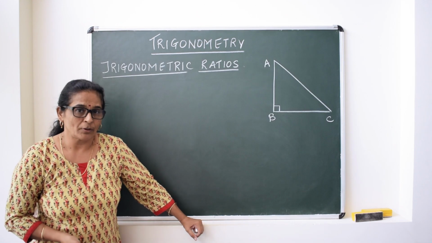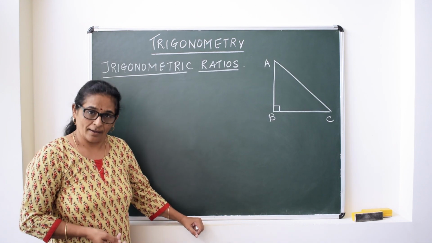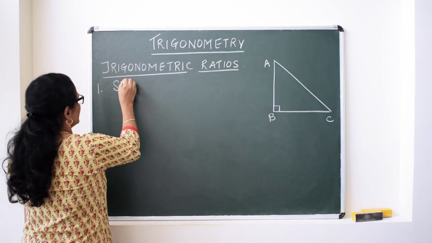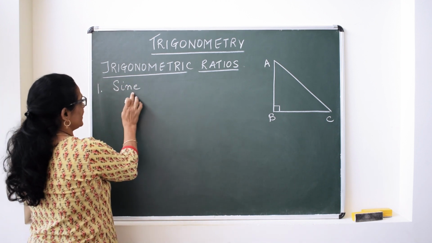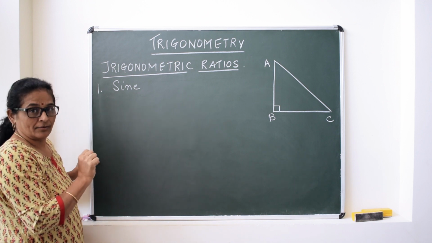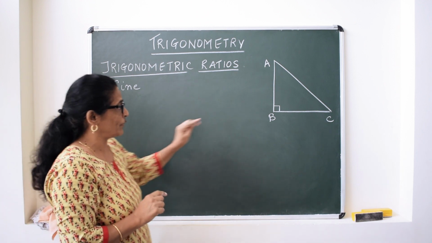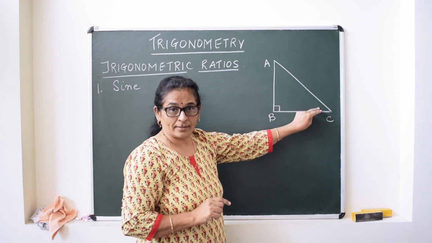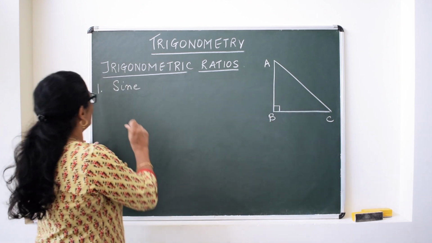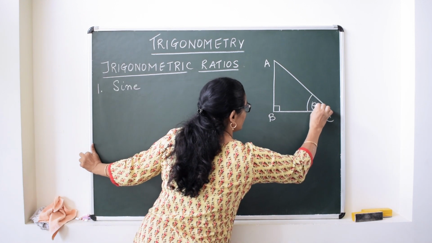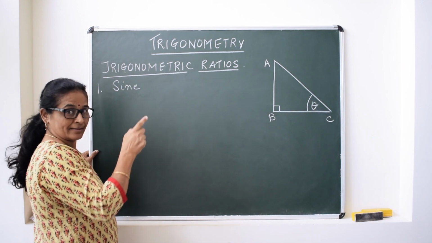Now we will discuss the trigonometric ratios of angles. The first ratio is sine. Now, sine of a particular angle. We are discussing the trigonometric ratios of angles, and always remember we talk about acute angles. So first we are taking into consideration this angle theta, which is an acute angle.